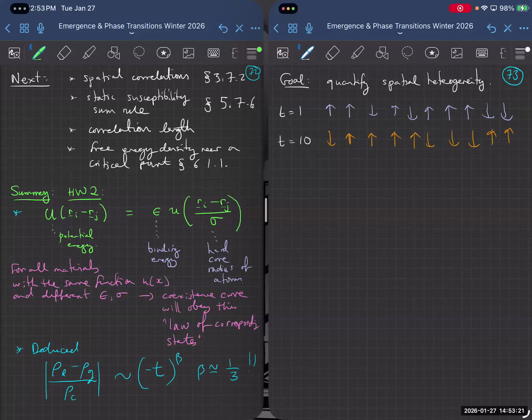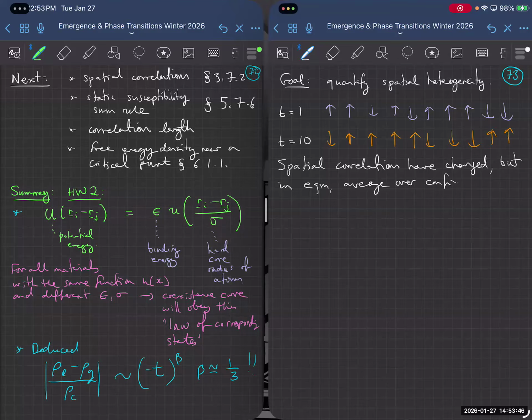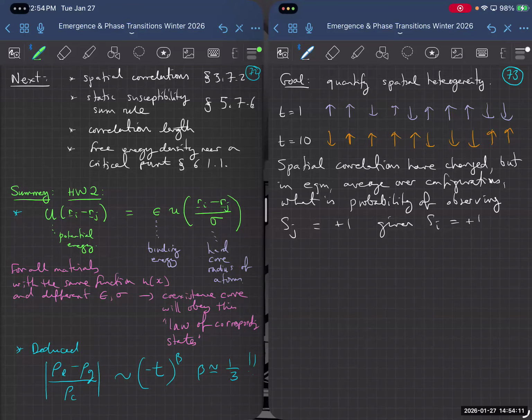So what we want to understand is that the spatial correlations have changed, and what we want is to know, in equilibrium, if we average over configurations, what is the probability of observing spin j equal to +1 given spin i equal to +1, where Ri minus Rj, the positions, can be arbitrary.